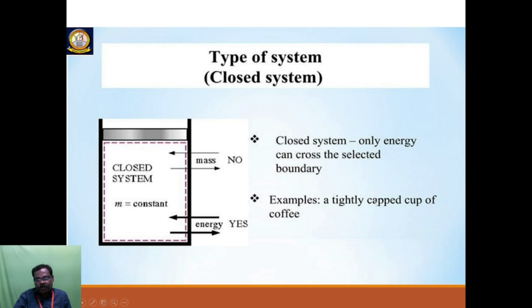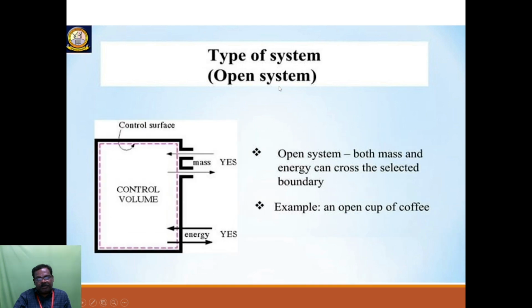Previously the coffee was in a well insulated bottle, but here it is a tightly capped cup of coffee. In this example, mass is constant, but what about the heat energy? After some time the heat will be passed to the outside, so heat energy will be crossing the boundary. This is called a closed system.